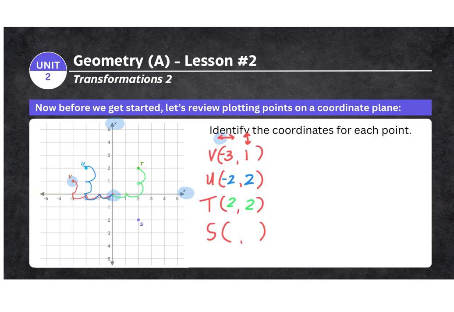And last but not least, S, we go +2 in the x direction, -2 in the y. So when you are trying to figure out points, make sure that you are not flipping your x-coordinate and your y-coordinate. It is always written x first, y second.